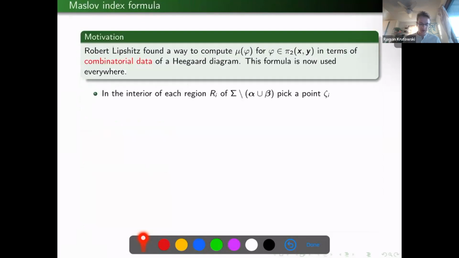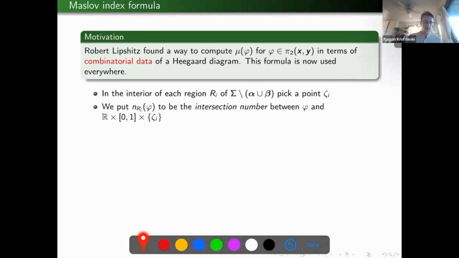Now let me tell a bit about Robert Lipshitz's work and how he introduced a combinatorial formula to compute this Maslov index, which is quite useful. First we denote by R_i the regions of the complement in sigma to the alpha and beta curves, and we pick a point zeta_i in each region R_i.